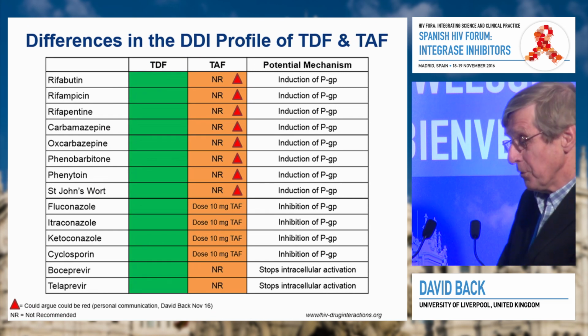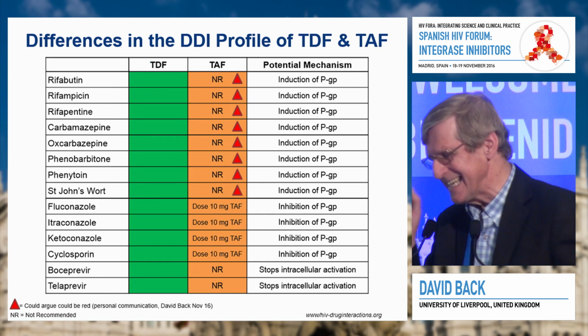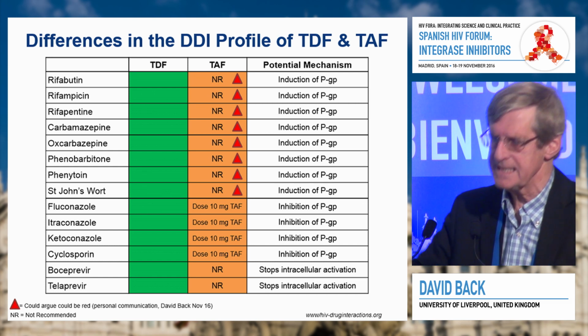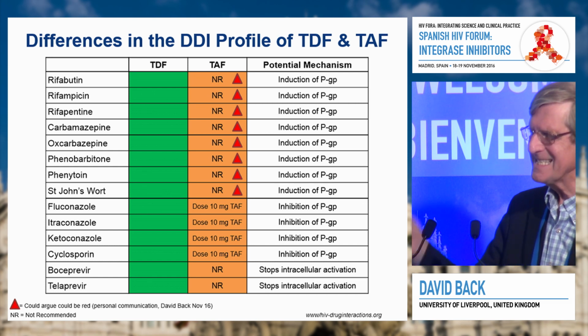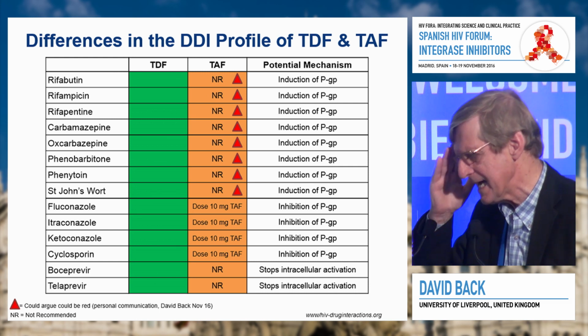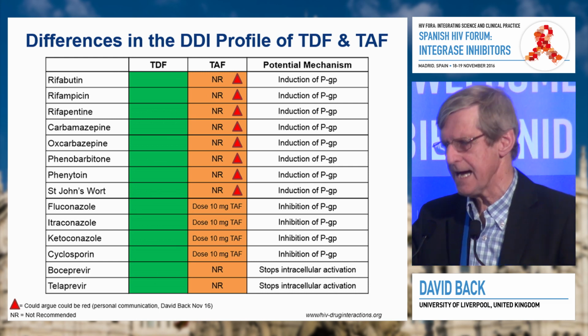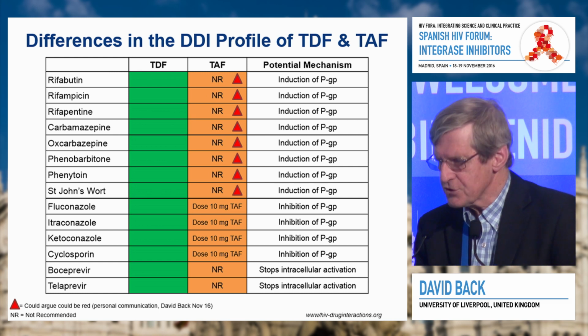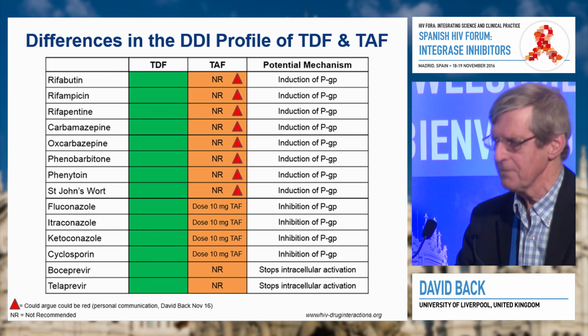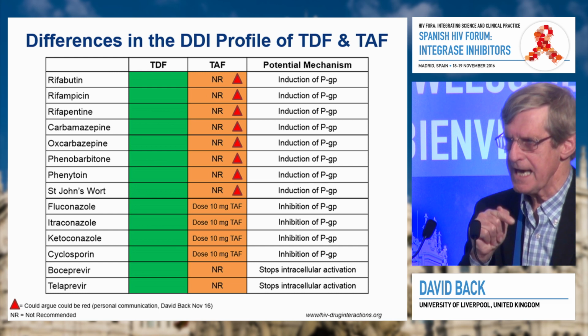But just to fulfill the picture, and this is not FTC-TDF versus FTC-TAF, this is TDF versus TAF, to think about it from other perspectives if you were going to use TAF. Because there are drug interactions for TAF which you don't see with TDF.